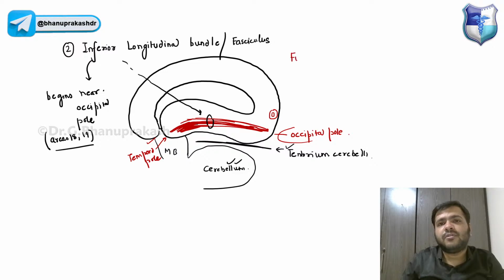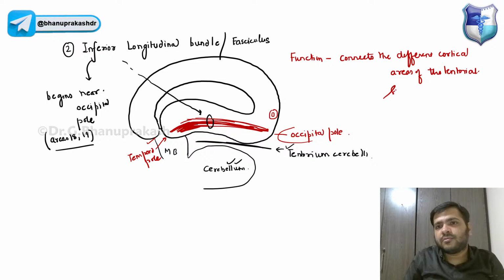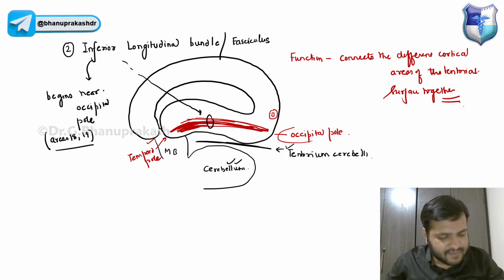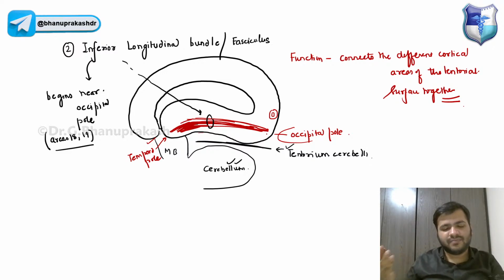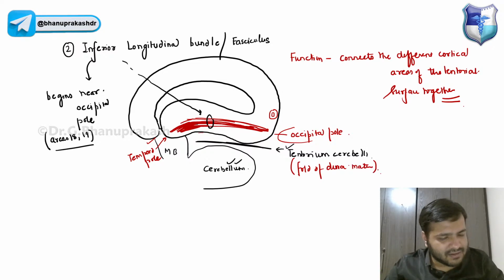So the function you have to remember is that it connects the different cortical areas of the tentorial surface together, right? टेंटोरियल मतलब ये नीचे वाला जो इंफीरियर सरफेस होता है, क्योंकि टेंटोरियम सेरिबेलाई के ऊपर है. टेंटोरियम सेरिबेलाई क्या होता है? फोल्ड ऑफ ड्यूरा मैटर. ड्यूरा मैटर पता है ना, मेनेंजेस, ड्यूरा, एरेक्नॉइड एंड पाया मैटर, right?